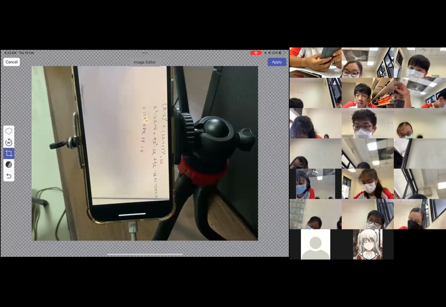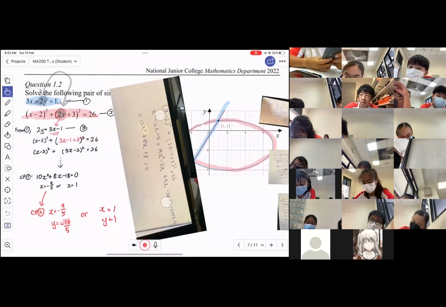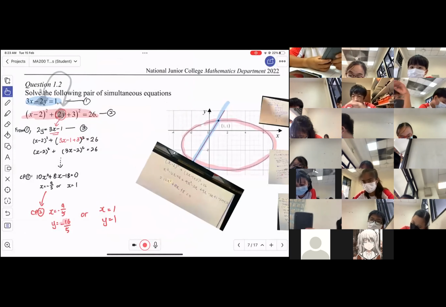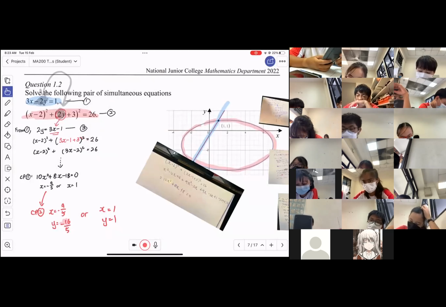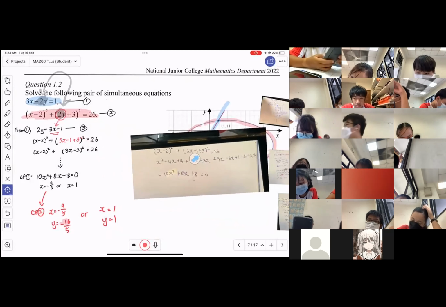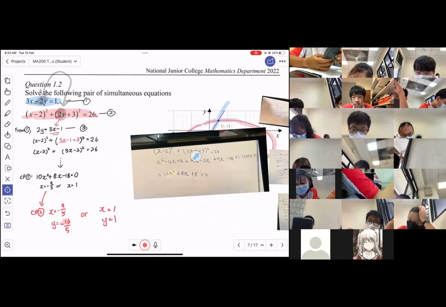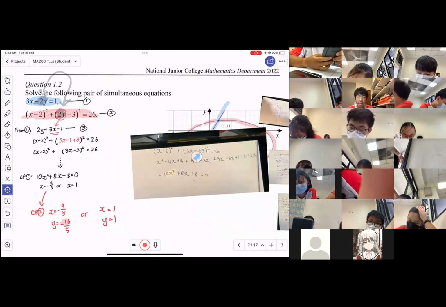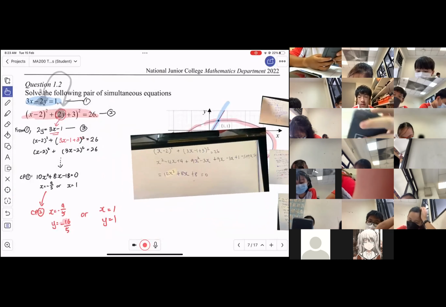Okay, one student asked about this question. How do I get minus 18? Minus 4x plus 4. Maybe for this student, what I want to suggest is before you expand, you realize that if you were to expand, it's quite massive.